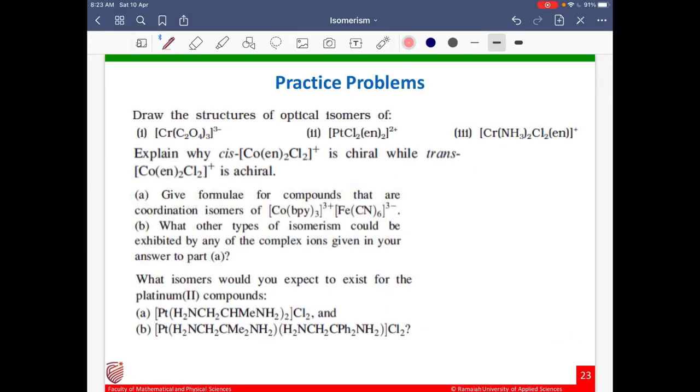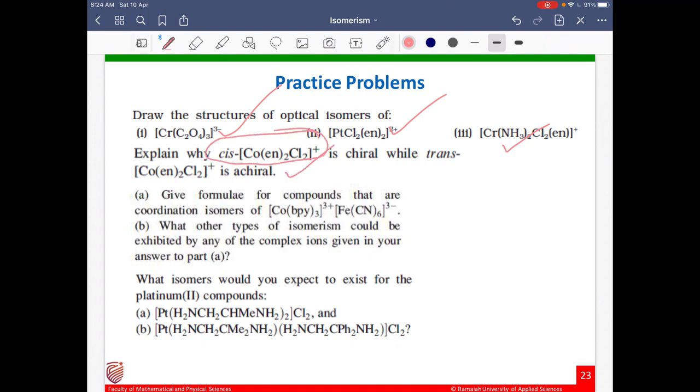Practice problems. Draw the structures of optical isomers of Cr(C2O4)3 3-, PtCl2(en)2 2+, and Cr(NH3)2Cl2(en)+. Explain why cis-Co(en)2Cl2+ is chiral while trans-Co(en)2Cl2+ is achiral. Simple.